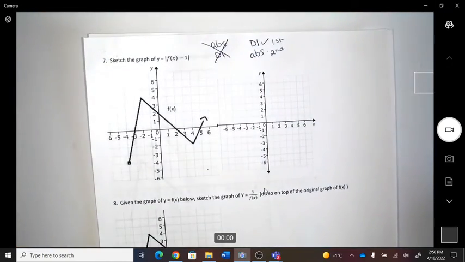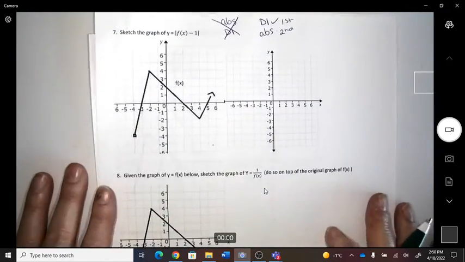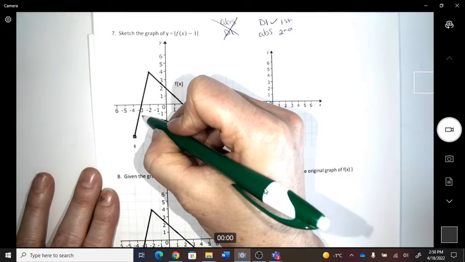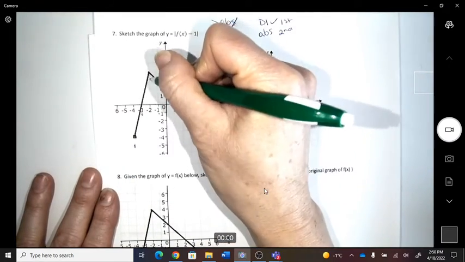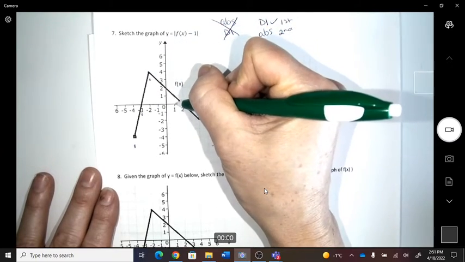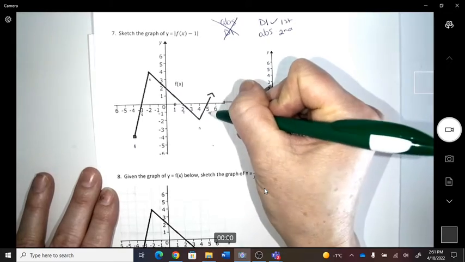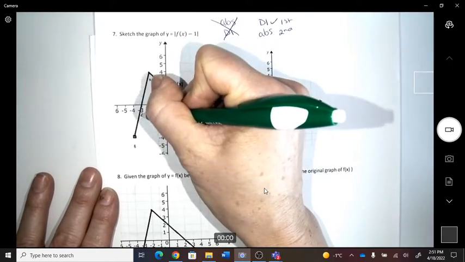Okay, so I'm going to physically do that. You ready? Move this point down, down, down. Bless you.